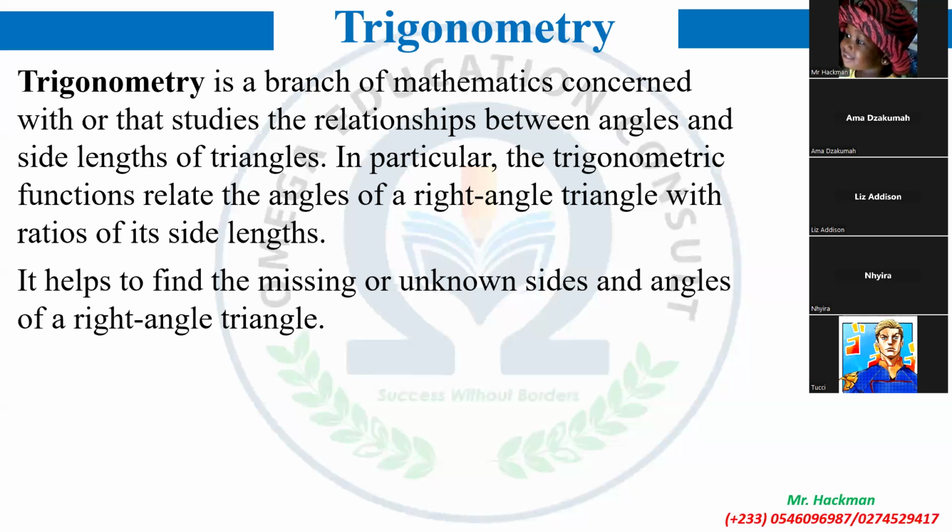Very soon you will understand perfectly what I just said. It helps to find the missing or unknown sides and angles of a right angle triangle. So you can see that here I have restricted myself to right angle triangles, because I have in mind that we are going to concentrate on the trig ratios, and trig ratios are particular to this special form of triangle, the right angle triangle.